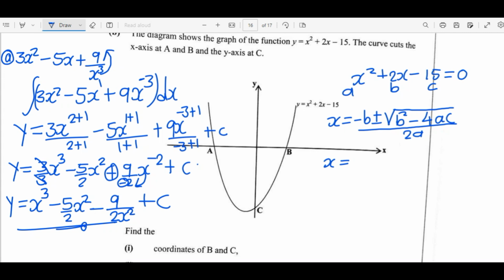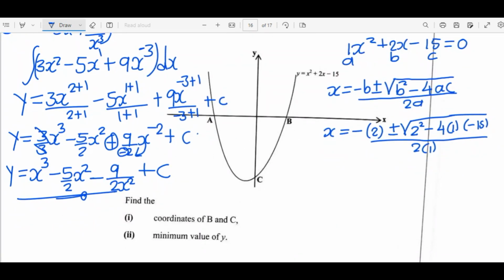Then x is equal to minus, what's our b? 2, plus or minus the square root of 2 squared minus 4, what's our a? a is the coefficient of x squared, which is 1. Then our c is negative 15. Everything divided by 2 times 1. We have x is equal to negative 2 plus or minus, here 2 times 2 is 4.